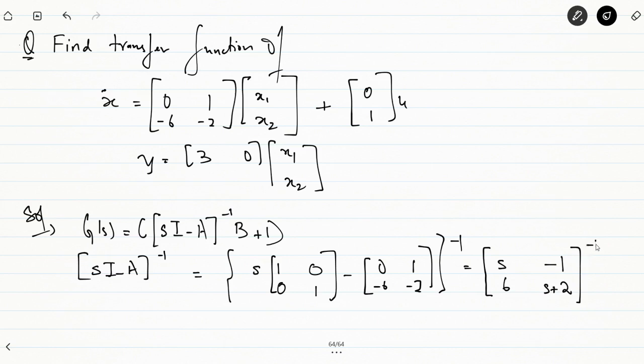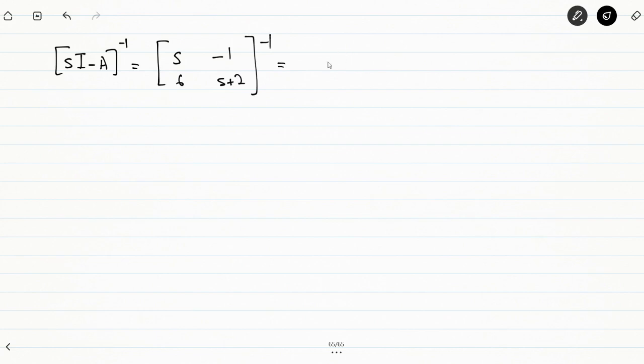We need to find the inverse of this matrix. So (sI minus A) inverse is equal to [s, minus 1; 6, s plus 2] inverse, which gives us the adjoint divided by the determinant.